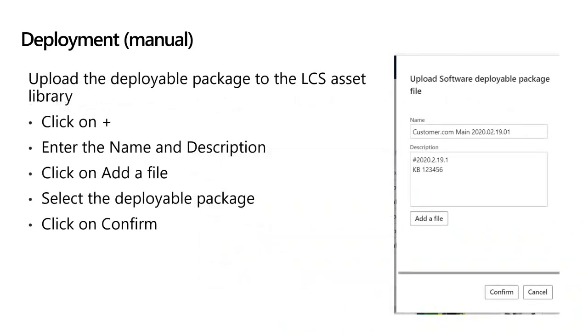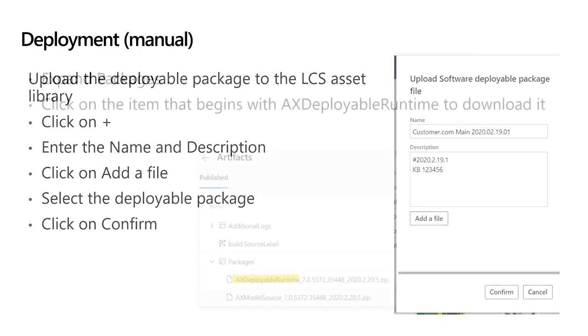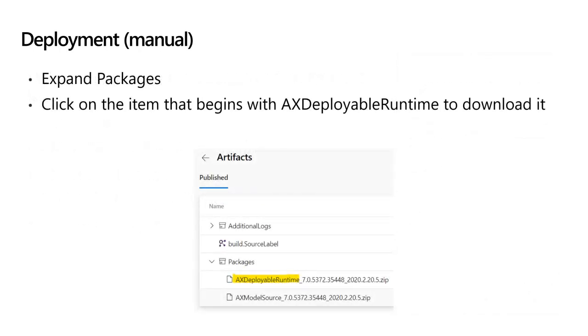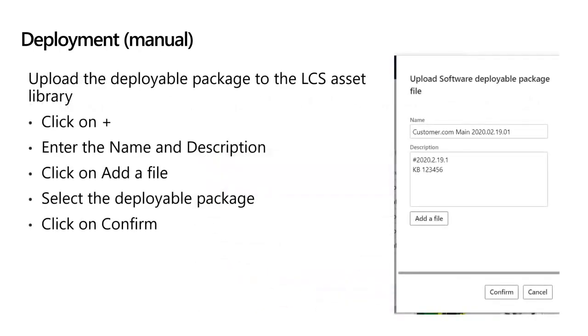When you click on the deployable runtime, it'll download. From there, you go to the asset library to create a new deployable package. You give it a name. In this case, I named it, again, based on the customer name, and then the branch, and I gave it the date from the Azure DevOps build number.